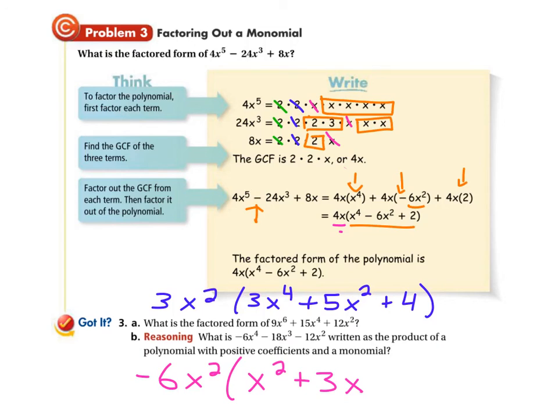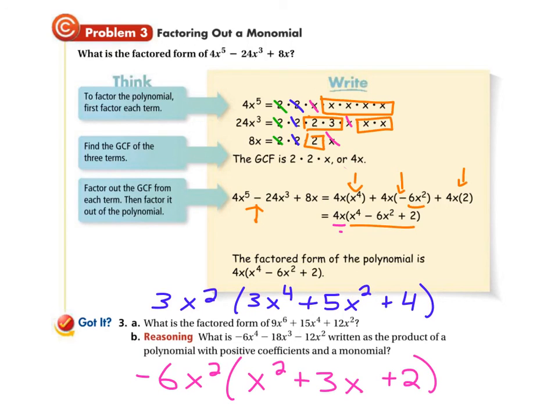And finally, this is negative 12 here. Negative 12 divided by negative 6 is positive 2. And if you have 2 x's out here and this only had 2 x's total, there's no more x's left for here. So you just close that back up.